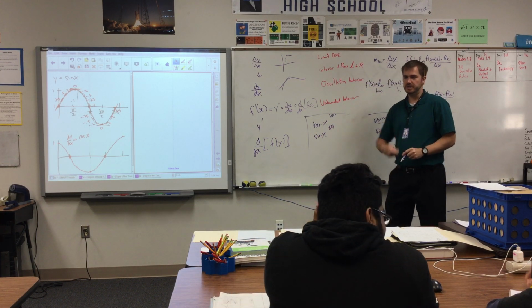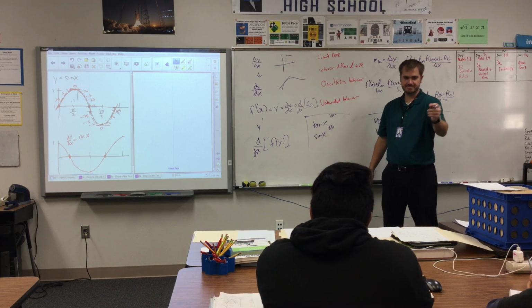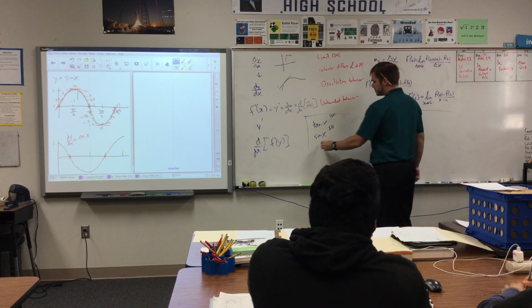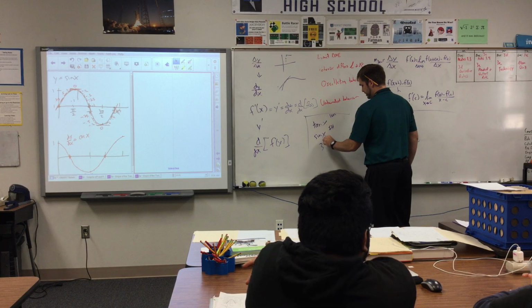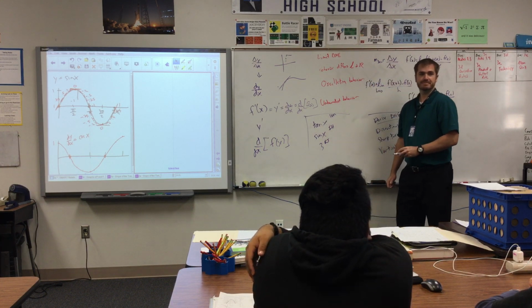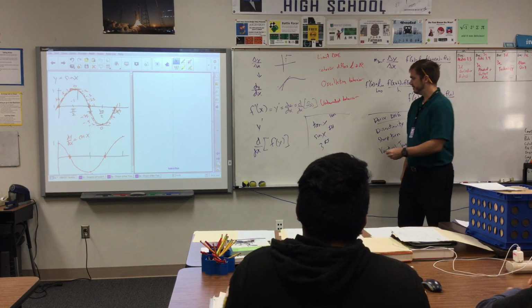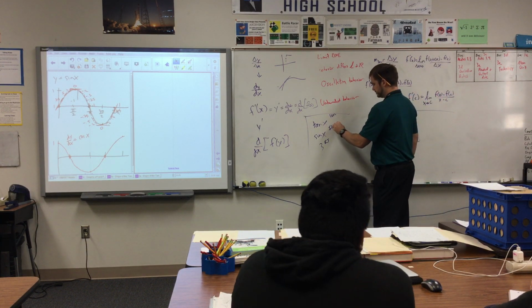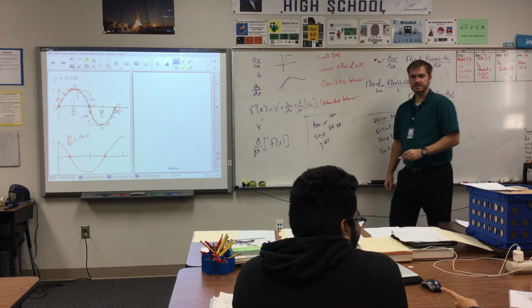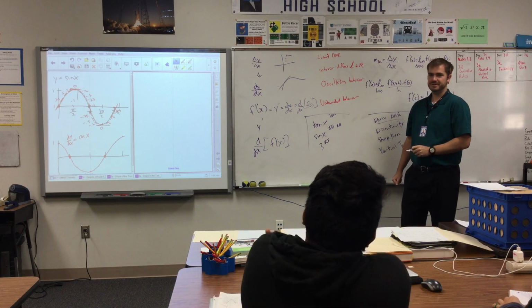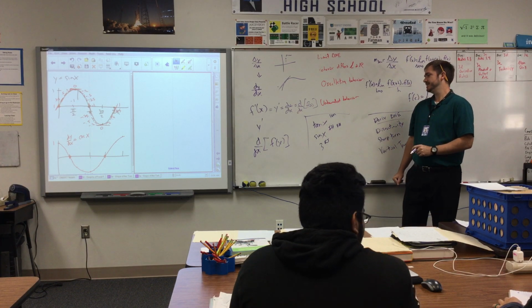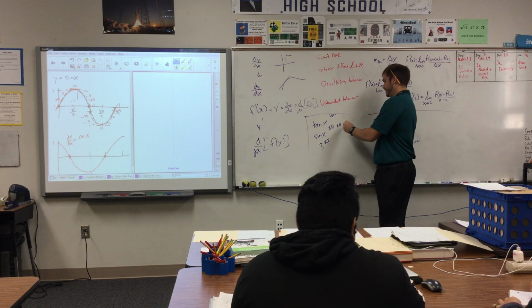Anybody else want to throw their hat into the ring, prediction-wise? Rosa? She thinks it's 3. Emily, what do you think? I was going to agree with Ivan on the sine. Stephanie? Sine of 2?